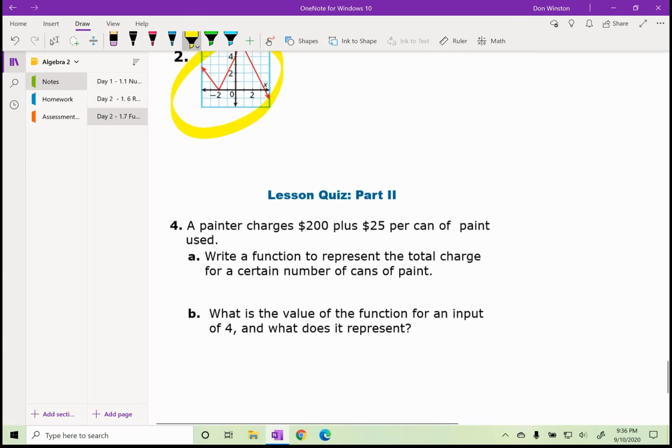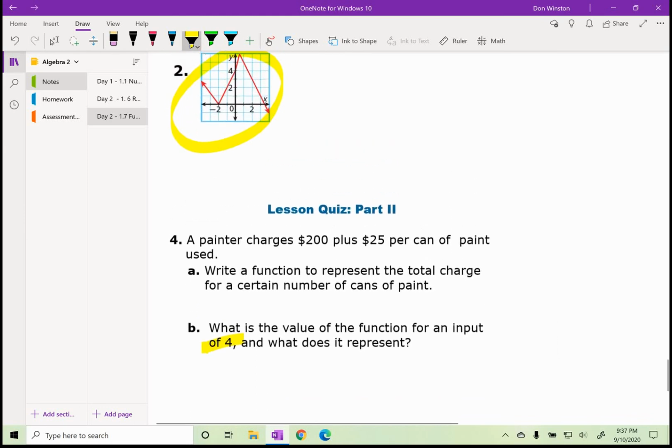And then B, what is the value of the function for a given input for the number of cans of paint, and what does it represent? A painter charges $200 plus 25 cents per can of paint used. So when the number of cans of paint is 4, what do you get?